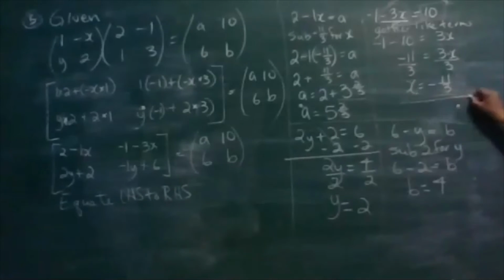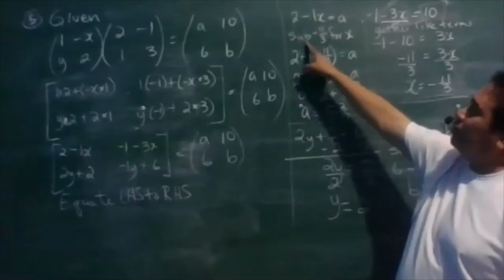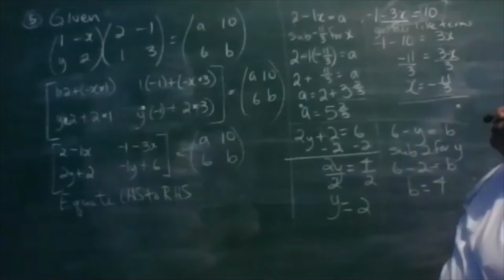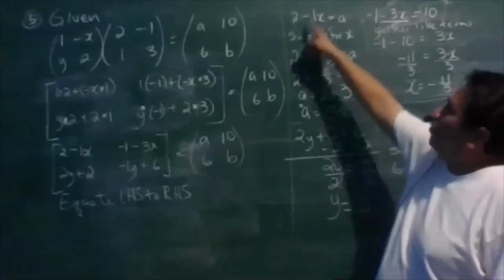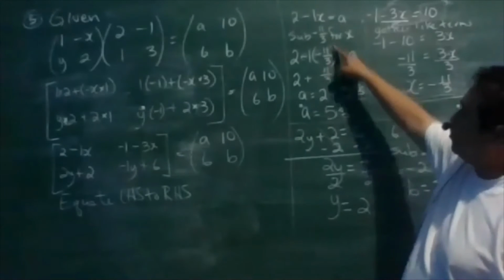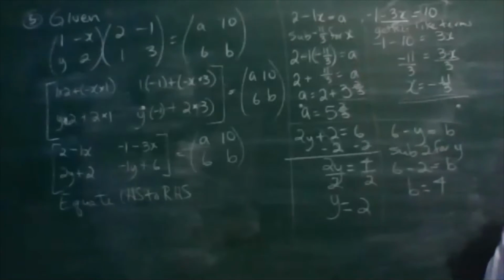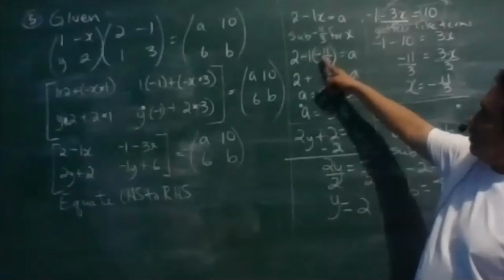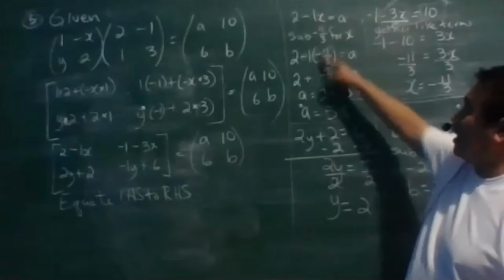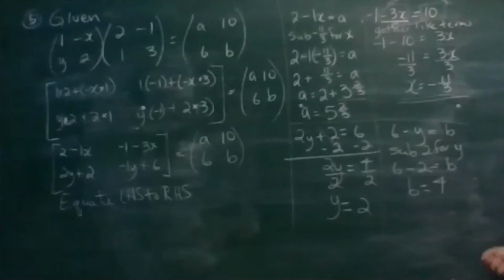Now that I have the value of x, I can substitute negative 11 over 3 for x. So I have 2 minus 1 times negative 11 thirds, close the bracket, since this is x, equals 2. A negative times a negative will give me a positive. 1 times 11 thirds, or 1 times any number, does not change the number since it is an identity.